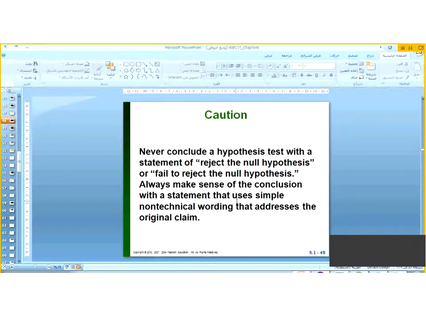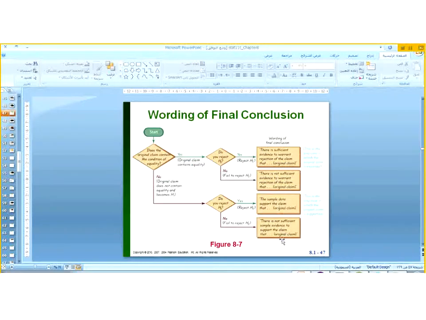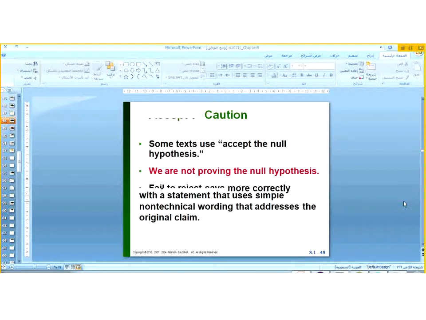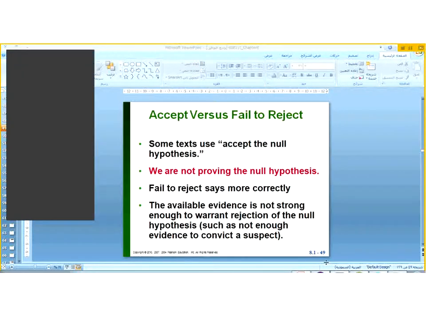And here is the quotation: no, don't use reject and fail to reject the null hypothesis. Always make sense of the conclusion with a statement that uses simple non-technical wording that addresses the original claim, like the ones we used here. You see these four sentences; they are what we will use in the conclusion. We will not use reject and fail to reject.